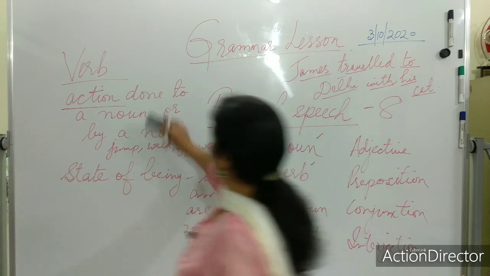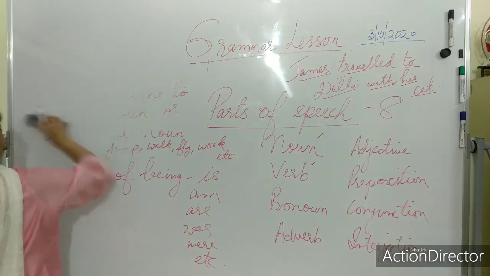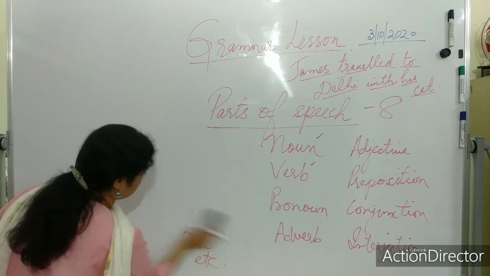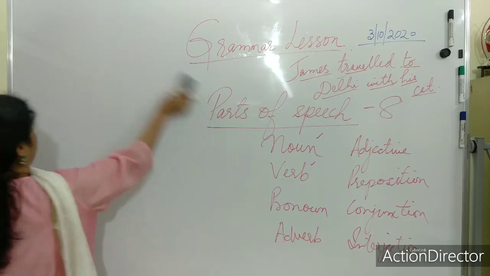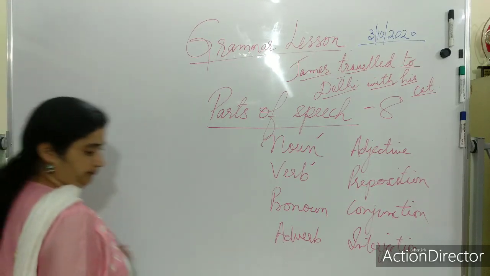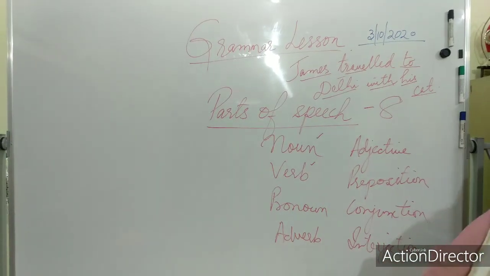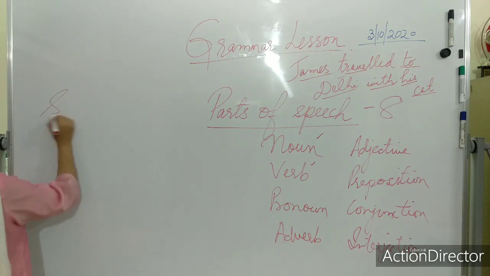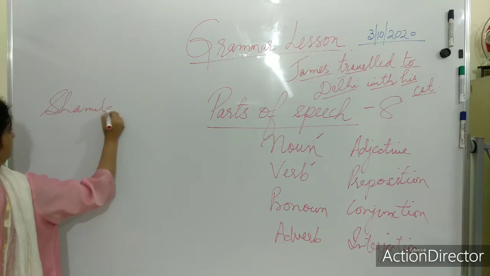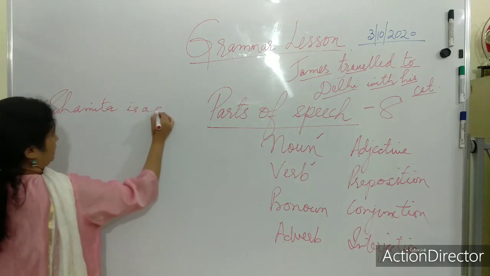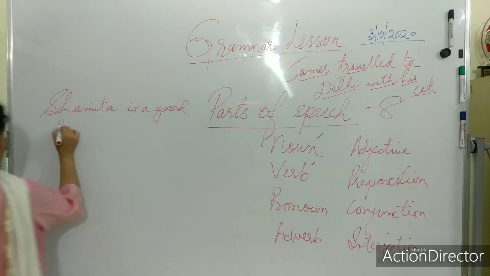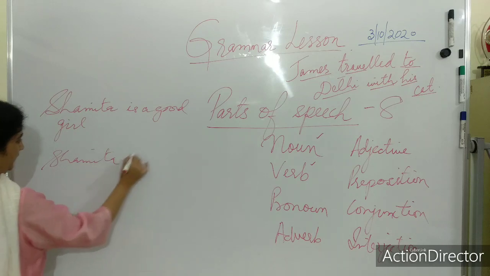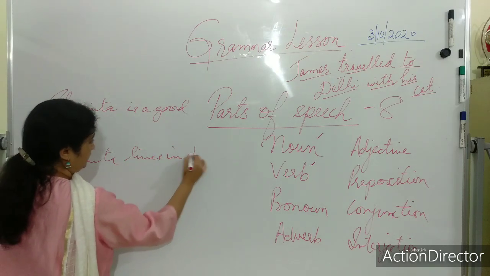Next is pronoun. As the word says, pronouns. What are they doing? Pronouns can replace the noun. If I'm writing a sentence, Shamita is a good girl. Shamita lives in Delhi.